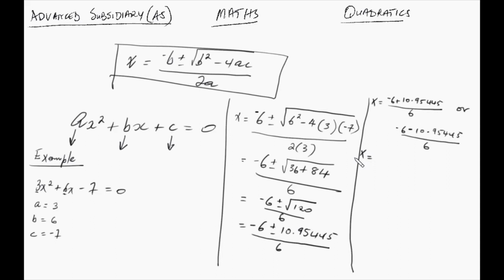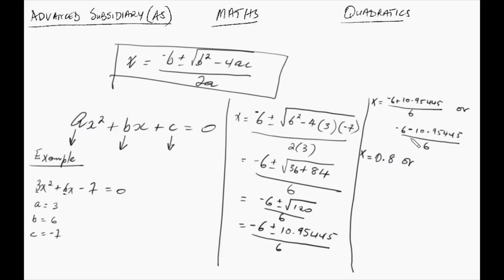Negative 6 plus 10.95445 gives 4.95445, divided by 6. We have 0.8 here.